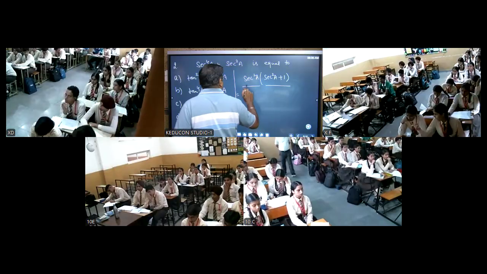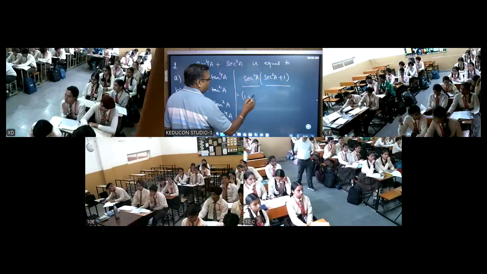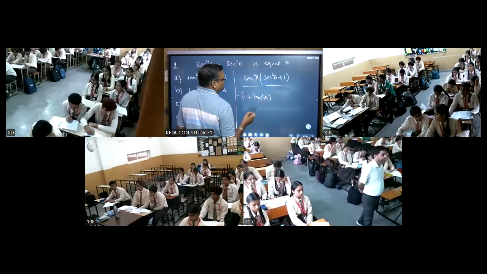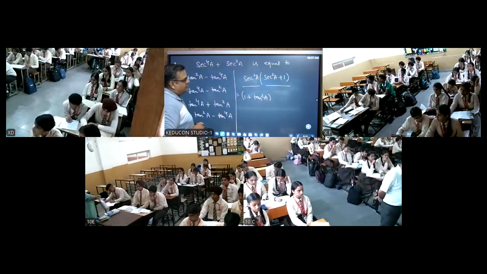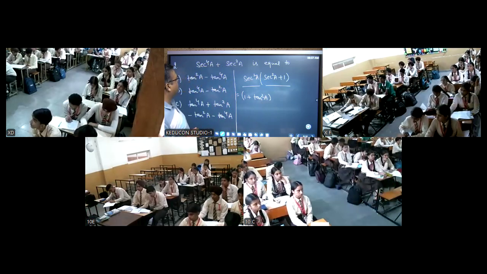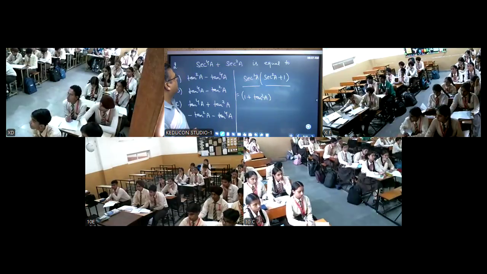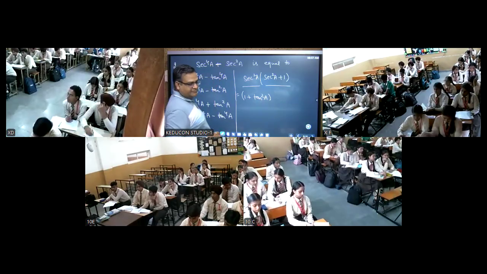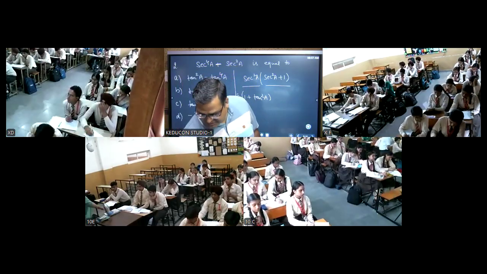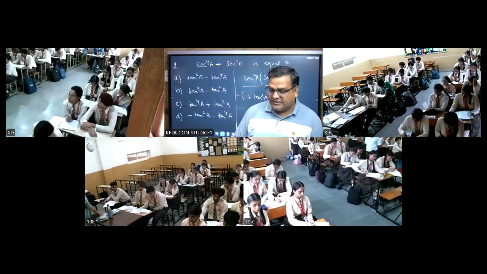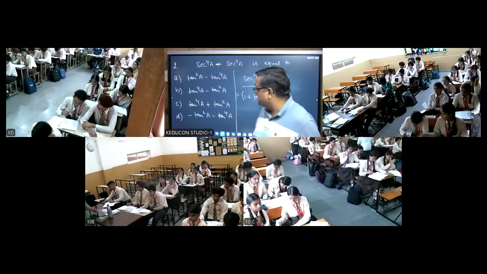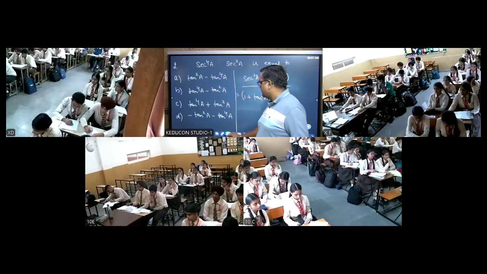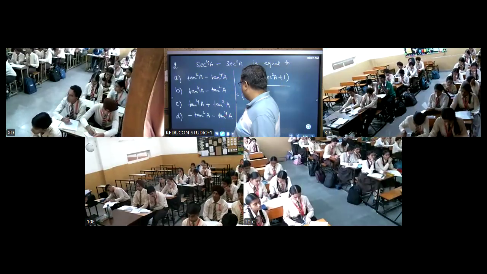So we use it here, and we also use it in the place of secant square A. It should be minus here, not plus. Then only you can do it. Yes, it is minus, not plus. Please correct, students. This is minus.